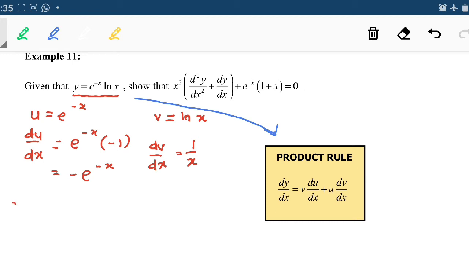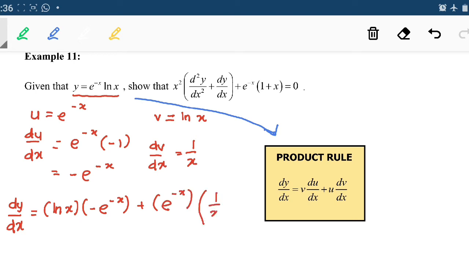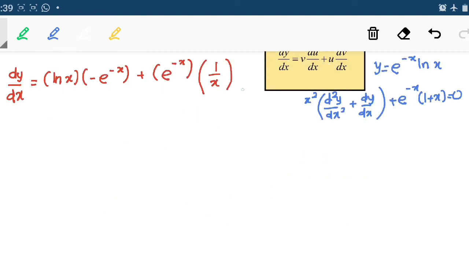So we get dy over dx is equal to ln x times negative e power of negative x, plus e power of negative x times 1 over x. Next, we expand the equation.